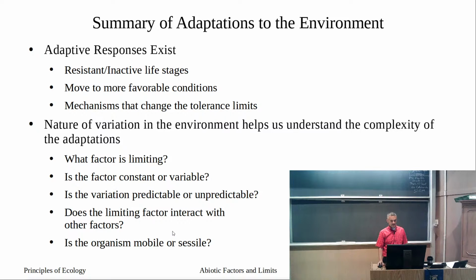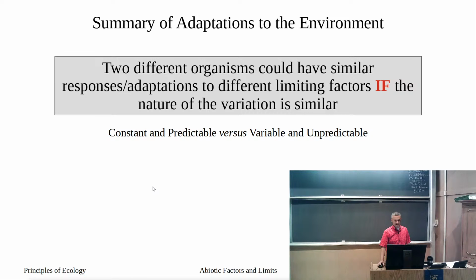And lastly, is this organism mobile or sessile? Could the organism move? And if it can, will it? How can that organism detect the changing conditions and get to that favorable environment before the environment changes drastically? So as we end this, I want you to remember kind of this big take-home idea.